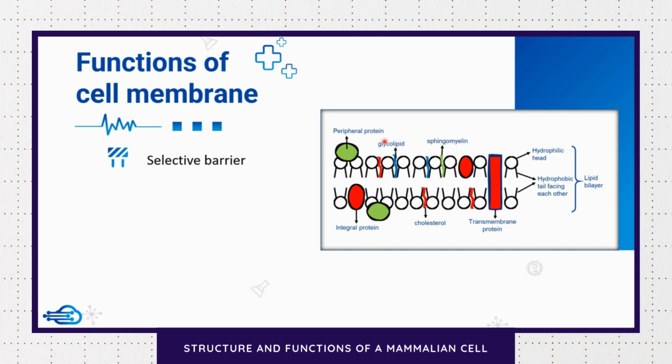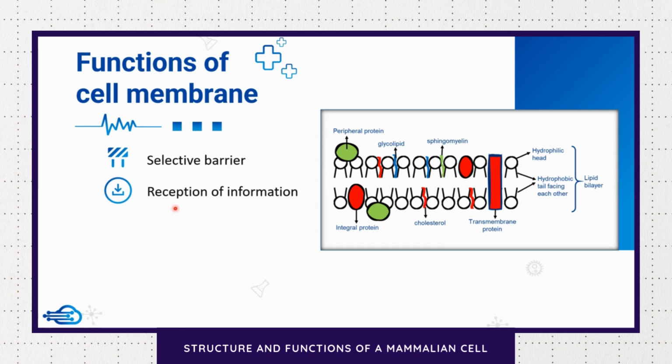That means it allows some things in and out and prevents the movement of some substances. For example, there may be some ion channels which allow movement of ions, right? But on the other hand, there may be absence of other channels. Say suppose the calcium channels may not be there, and it may prevent the movement of calcium, right?